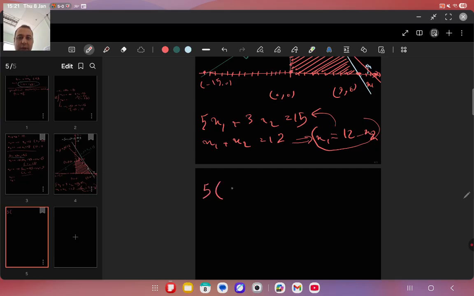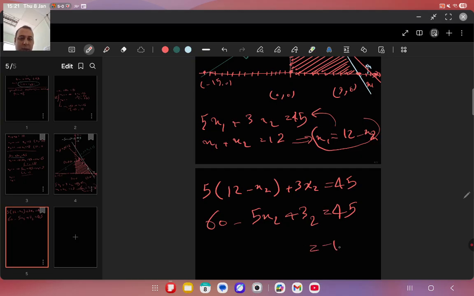So it becomes 5 times (12 minus x2) plus 3x2 equal to 45. Okay, so this will be 60 minus 5x2 plus 3x2 equal to 45. 60 minus 45 becomes 15.